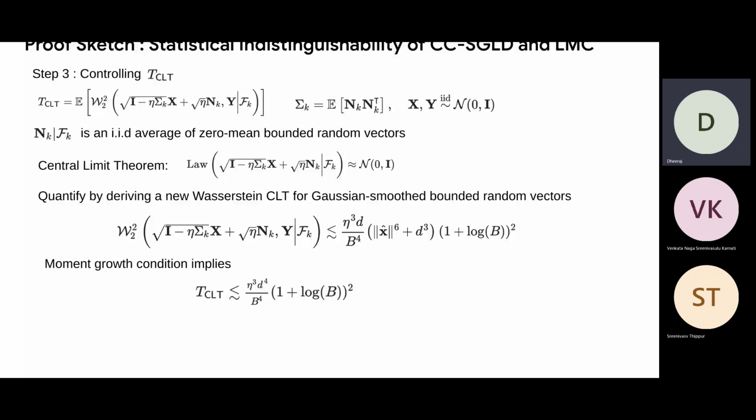Vanilla UCB is tight even for one, up to constants. There is a UCB index you compute, C times square root of log n over n.